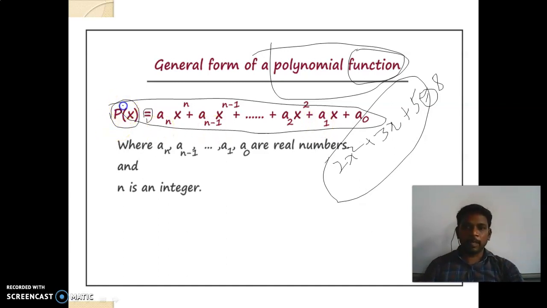So the left hand side p of x is nothing but the notation of an expression with respect to the particular variable. That variable is mentioned inside the bracket like this. So that is the difference between equation and polynomial. In an equation, on both sides of the equal symbol, only expressions and also some constants will be there.